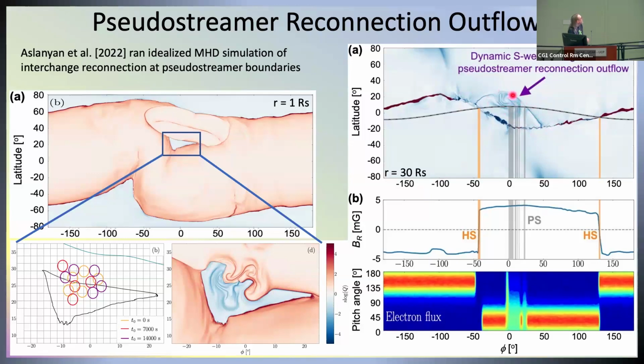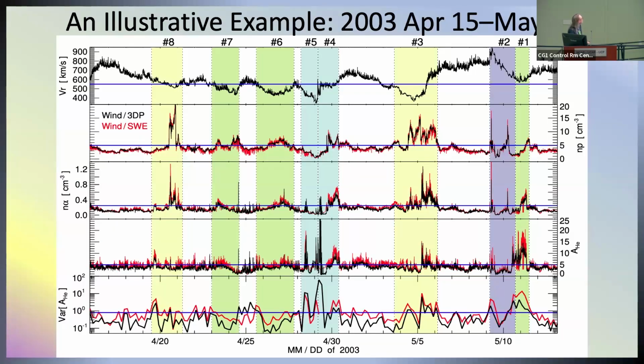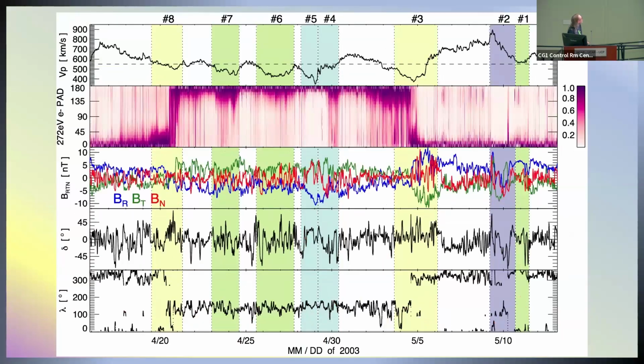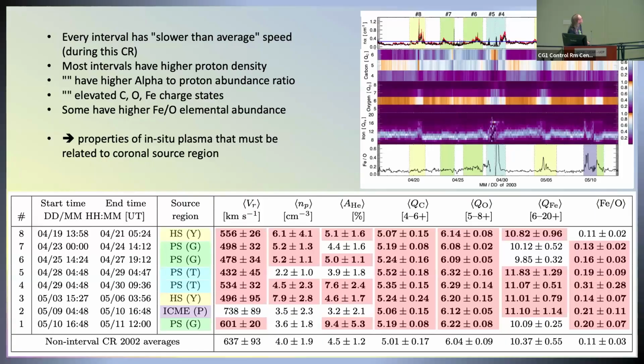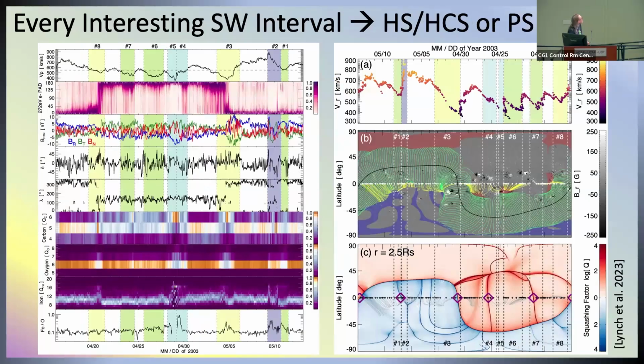And you may expect there to be some signature in the electrons if this is a big enough wave. And okay, so there's a whole in situ example here that we don't have time for.